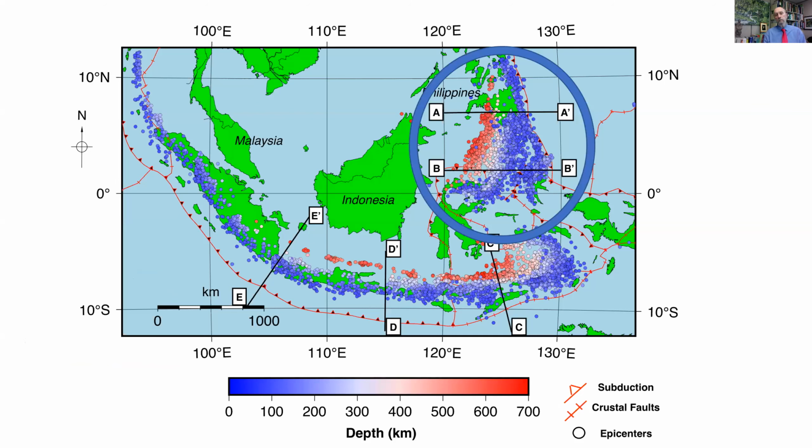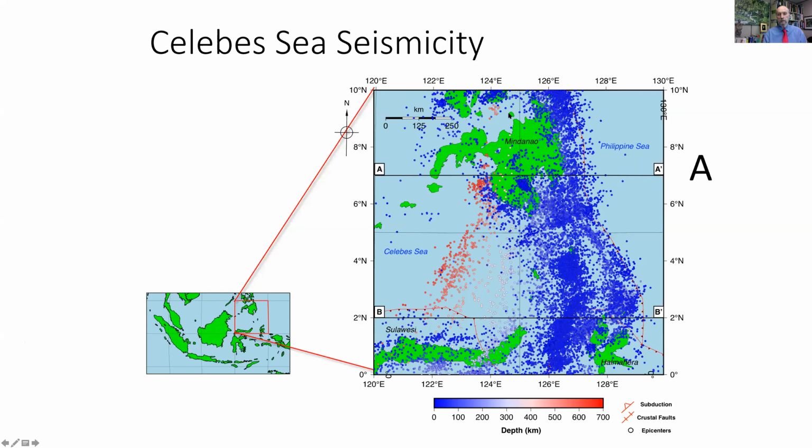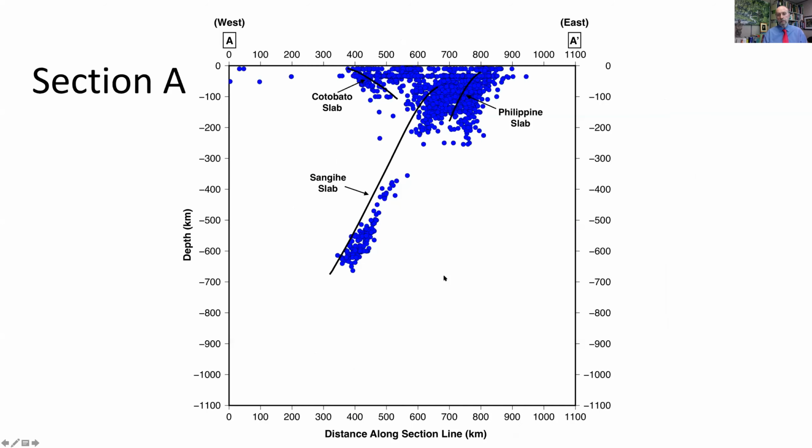Well, let's look at the seismicity in the southern Philippines. We have profiles A and B going through this very active nest of seismic activity. So Celebes Sea seismicity, you can see a concentration to the west and then a second concentration to the east. And this will show up as being two separate plates with deep earthquakes off to the west.